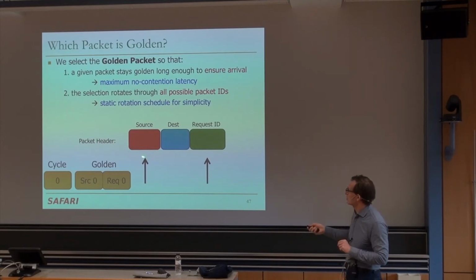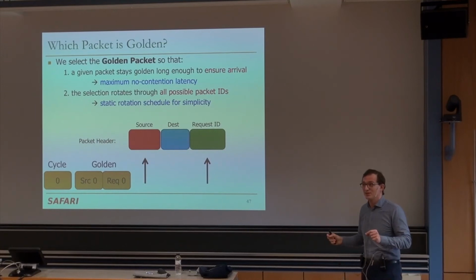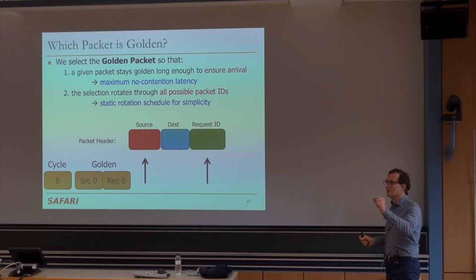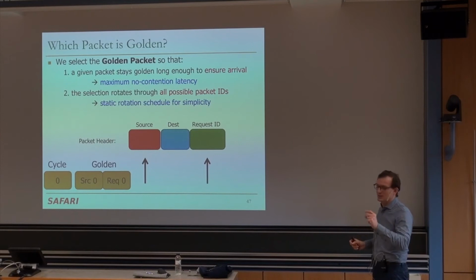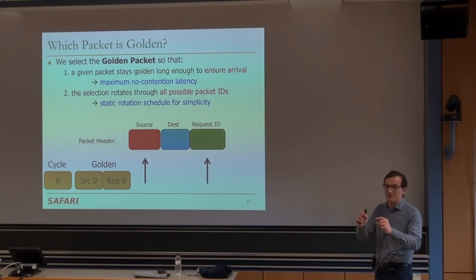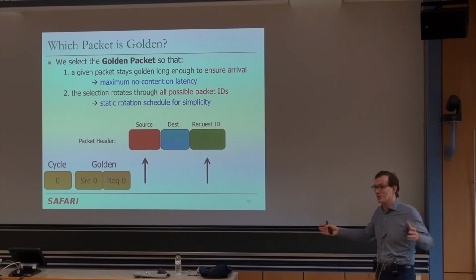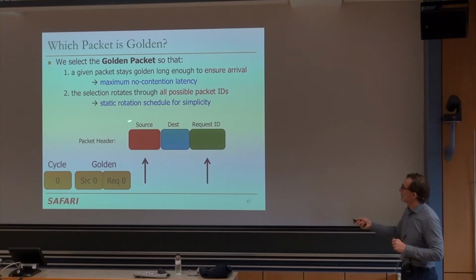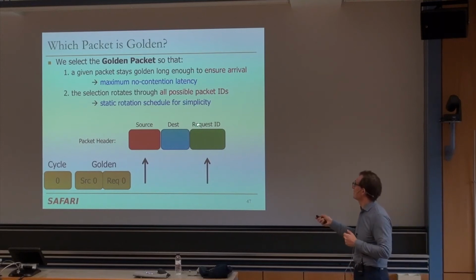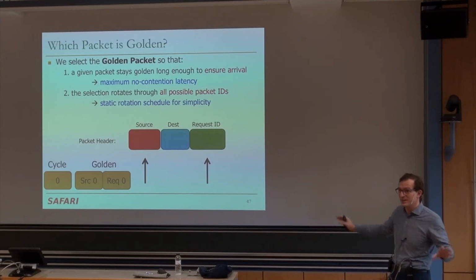It has a source ID and it has a request ID, and that's unique. Basically, every source, when injecting, needs to keep track of the request ID because it needs to get a response, or it needs to keep track of it for some other reason. That's what happens in a cache coherent network. You stamp it with the source ID, and then you have a buffer when you're injecting that tells the request ID. And that's unique across the entire network.